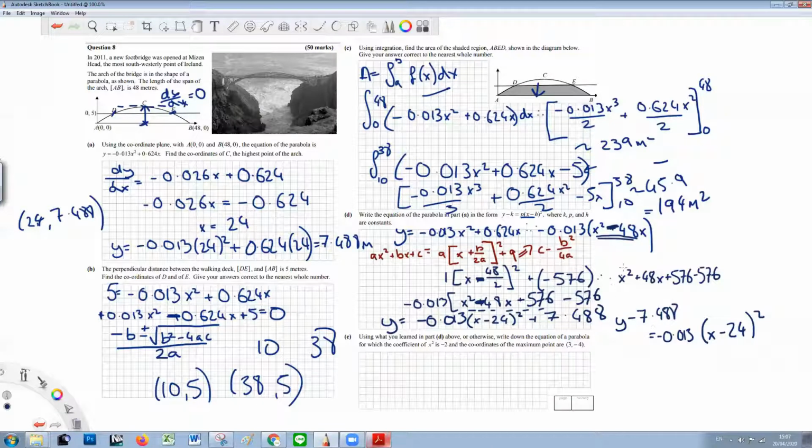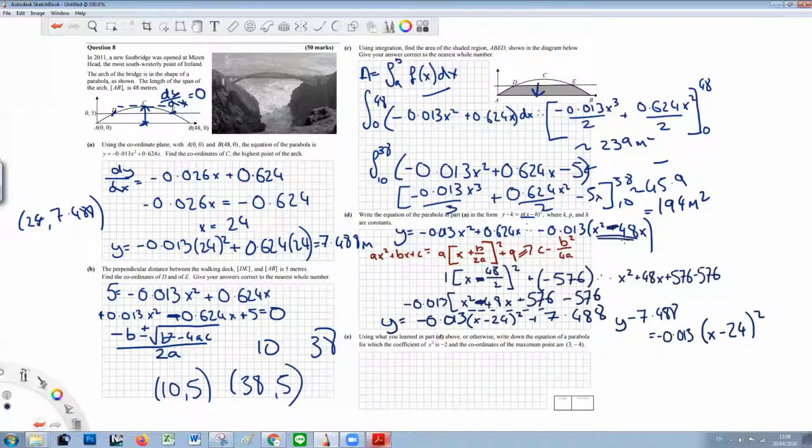So that is your answer. I suppose the main thing to know is the completing the square element. That's obviously very important. A little bit of a tricky one, I suppose. But yeah, that's what you need to do for that part.